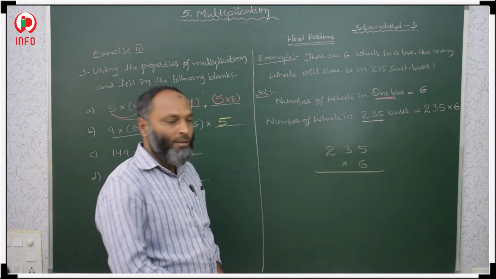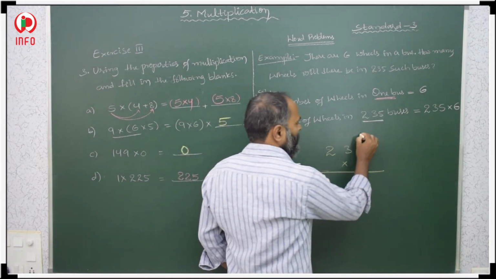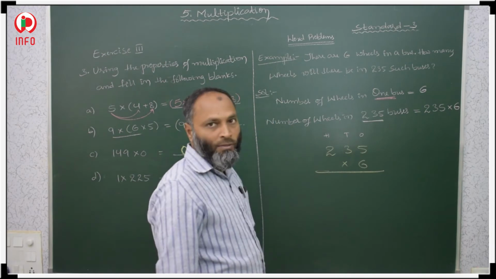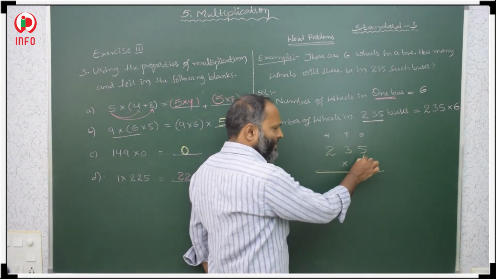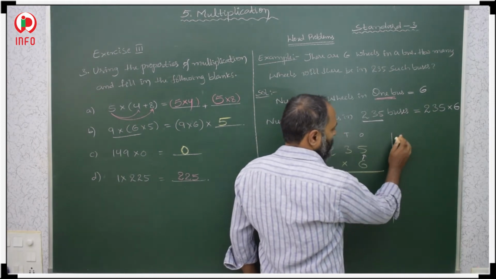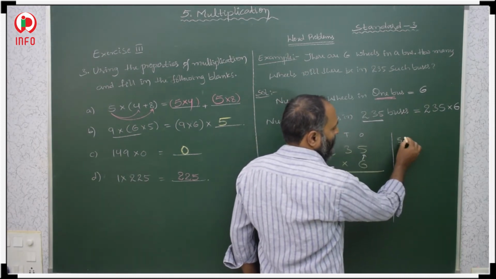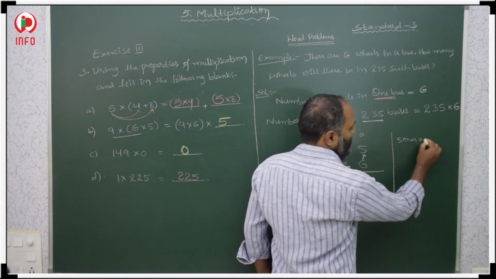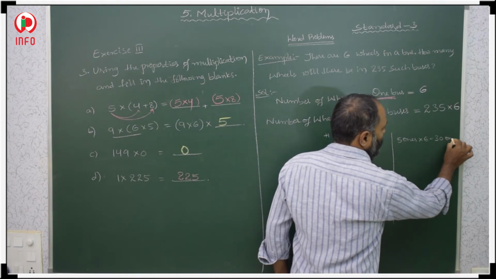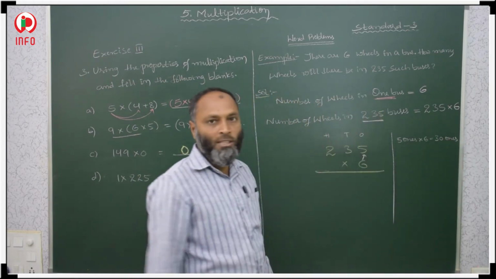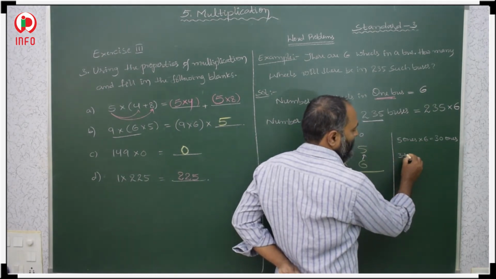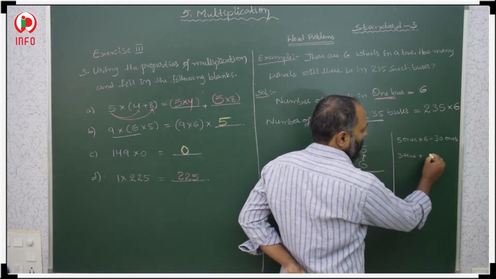Then how to multiply? This is the ones place, tens place and hundreds place. Then 6 with 5, 6 5s are 30 ones. 30 ones means 3 tens plus 0 ones.